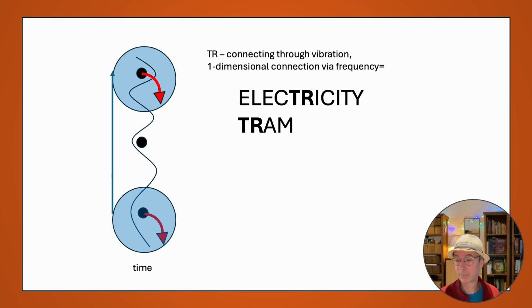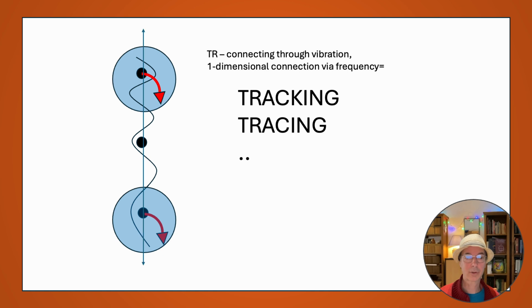Electricity, the trr is there, that's the electricity that makes that connection. Tram is basically an electric device which is also driven by that vibration of electricity, and there it can continue its course.